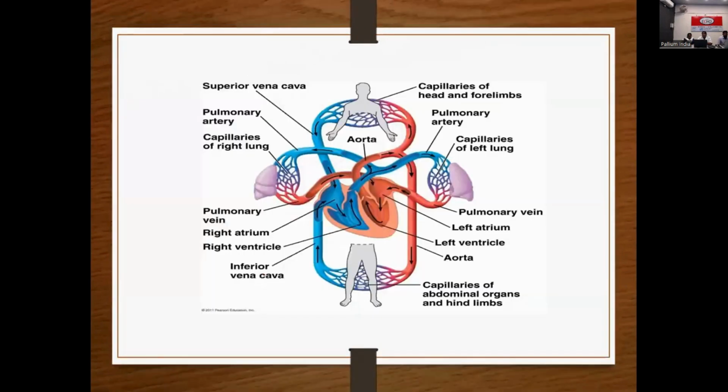Can anybody explain the systemic circulation of our body in simple words? This is a complicated one, I know. Please explain the systemic circulation of our body. What happens in our body during the systemic circulation?